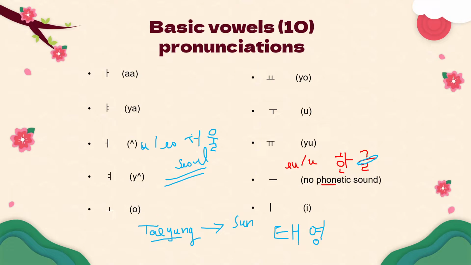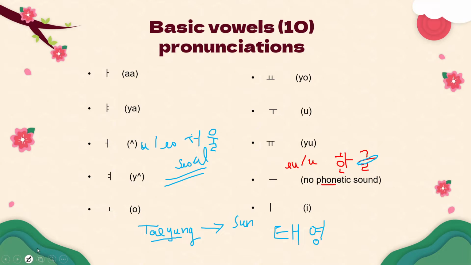If you pronounce this as sol, then it will be wrong, because you find that u is also there. So is it sol? No, it is not sol. It is seoul, because u is there. And this u you can find as u or double o.